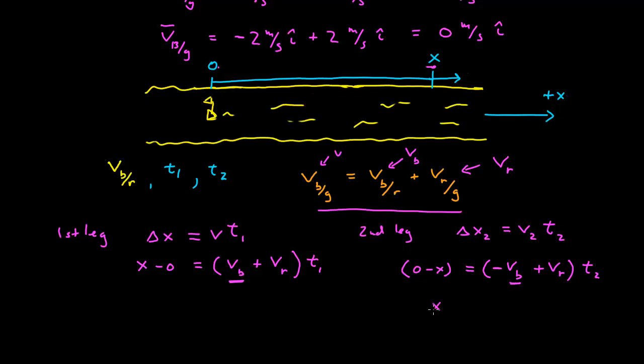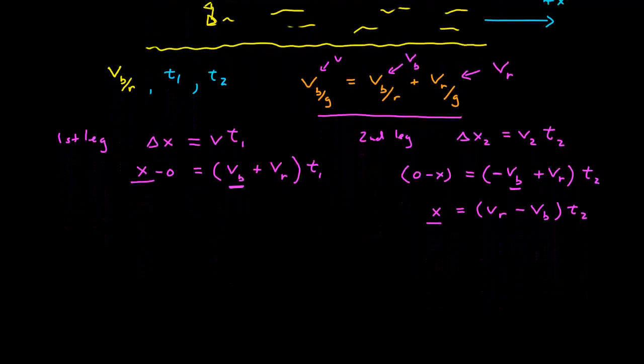And so positive x is equal to v of the river minus v of the boat relative to the river, times t2. So we didn't really know x, we just know the time necessary to go back and forth. And so we can use these two equations to eliminate x.